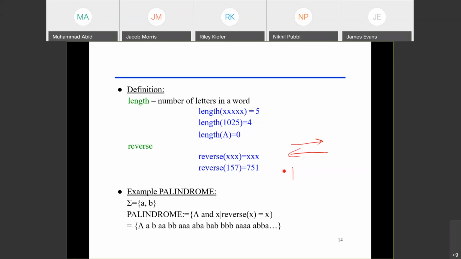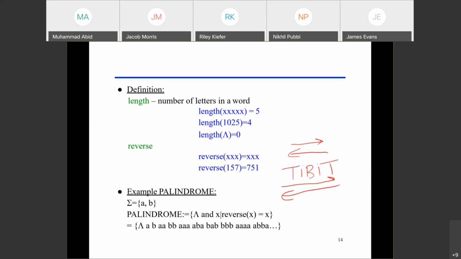So let's say TIBIT, Tibet. If you read from here, it will be Tibet. If you read from here, it will be Tibet. So this is a palindrome. It does not matter whether you read from right to left or left to right, it will read the same.